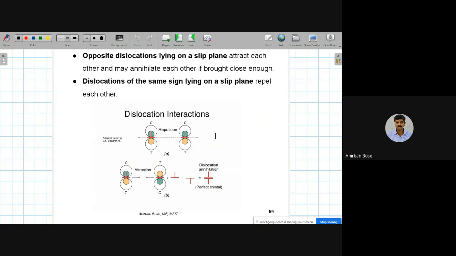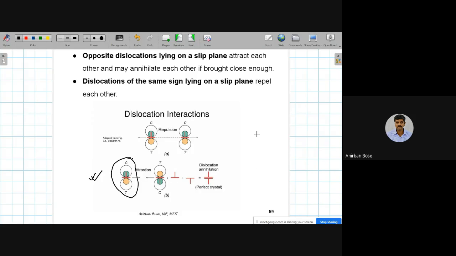Now, certain important properties of dislocation. The first is that opposite dislocations lying on a slip plane attract each other and may annihilate each other if brought close enough. Specifically, it has been shown for the edge dislocation. Let us consider the bottom diagram, which shows the strain field of an edge dislocation.